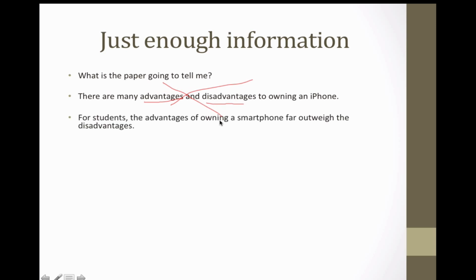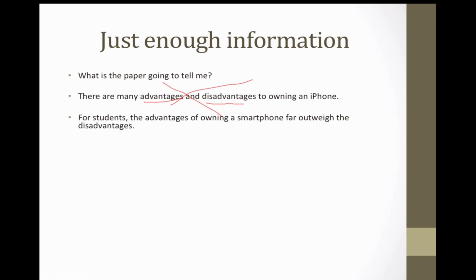This is a little bit better. For students, the advantages of owning a smartphone far outweigh the disadvantages. Here I'm taking a clear stance and saying that, okay, yeah, there are advantages and disadvantages, but there are more advantages than there are disadvantages. That's an arguable point because somebody could say, no, there's more disadvantages than advantages.